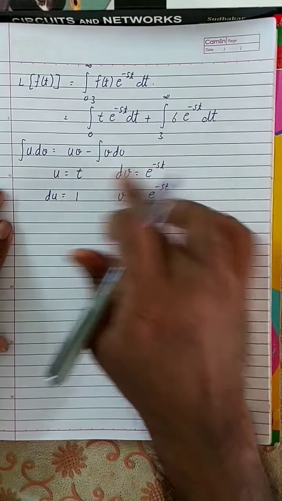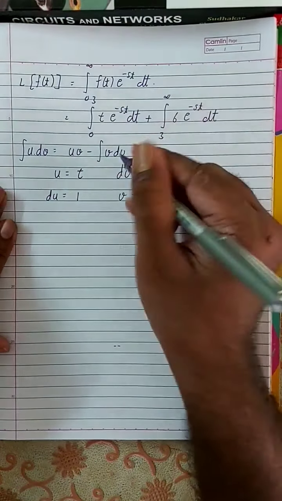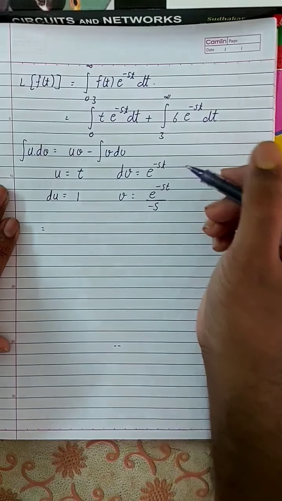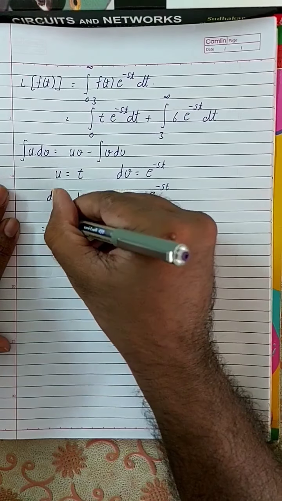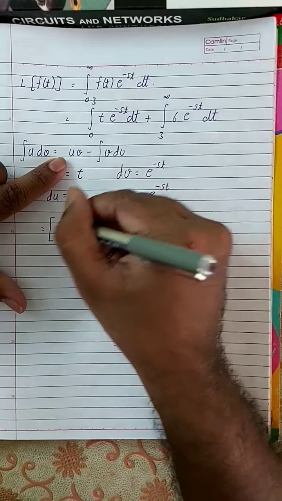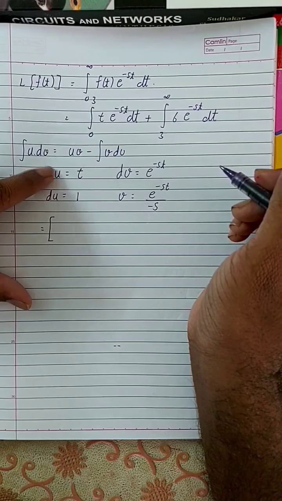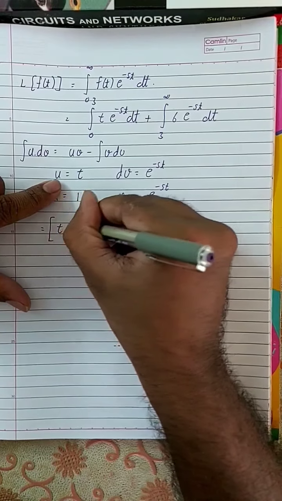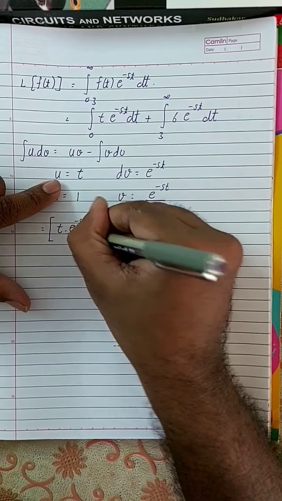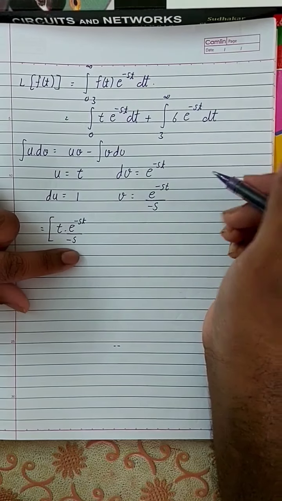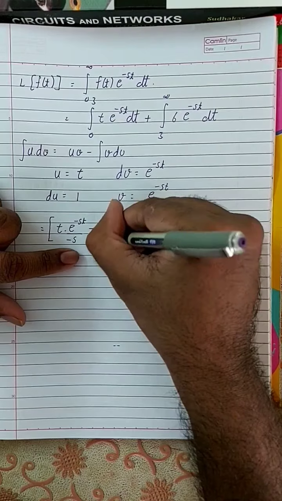So substitute all that over here. That will be the first term. So this is equal to u times v, which is t into e raised to minus st by minus s, minus integral of v du.